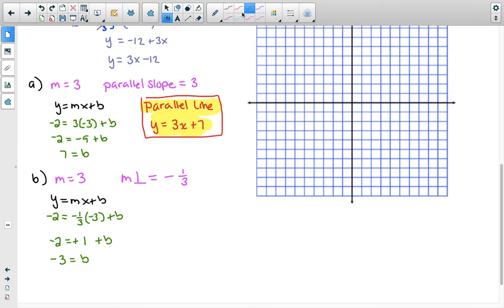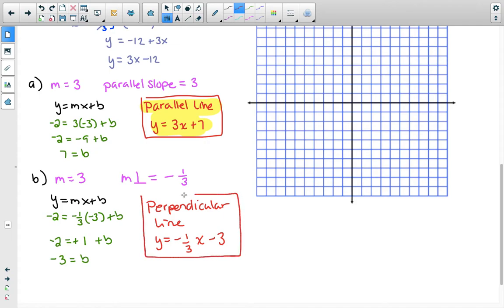That's our new y-intercept, or the constant. So our y-intercept is now 0, negative 3. Our perpendicular line equation is y equals negative 1/3 x minus 3. This is the equation of our perpendicular line.